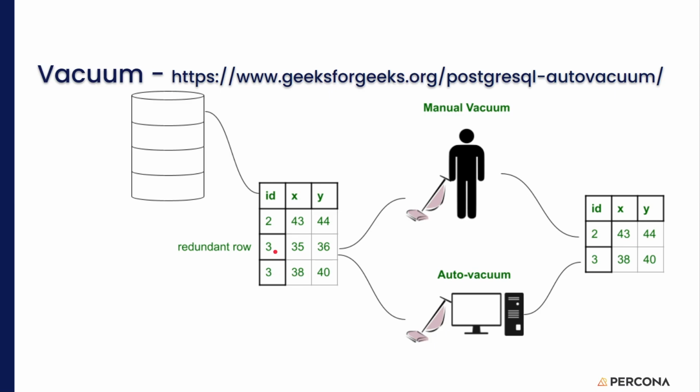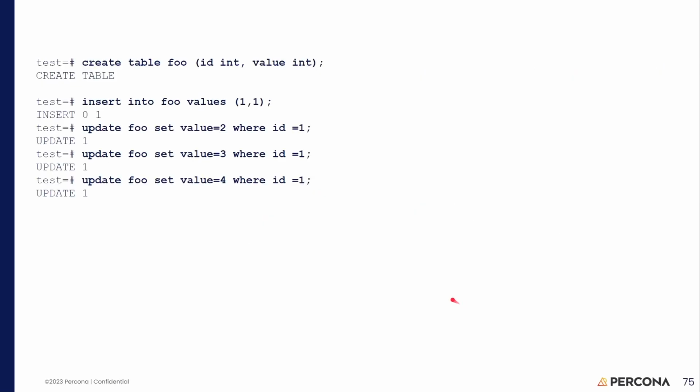So we've done an update to this table, and now this row is not doing us any good. It's taking up space. Now, we can manually run vacuums to reduce this table to this table. There's also something called autovacuum. So most times you can let that take care of you and vacuum up your dead tuples.